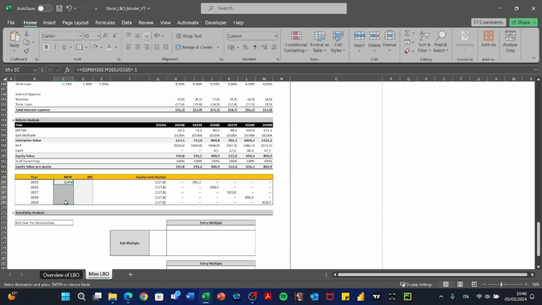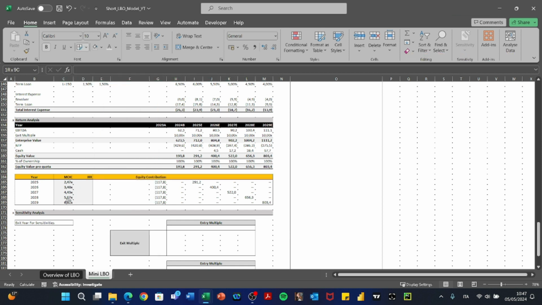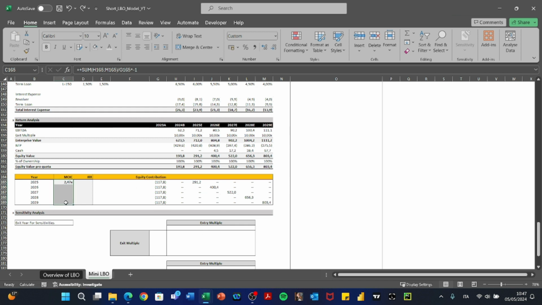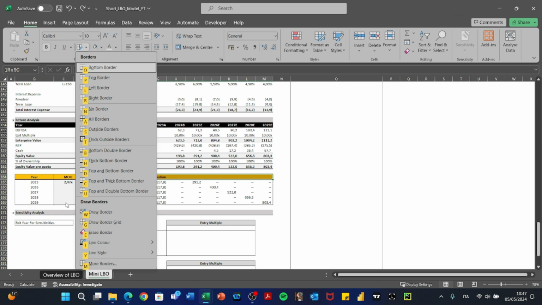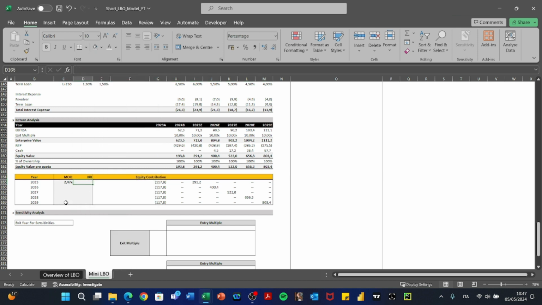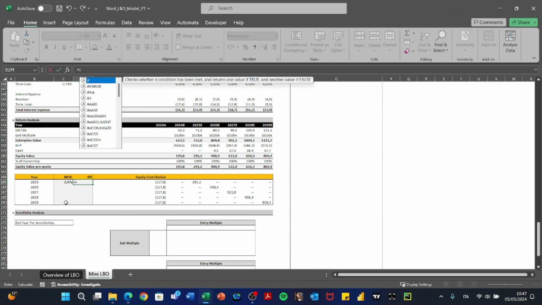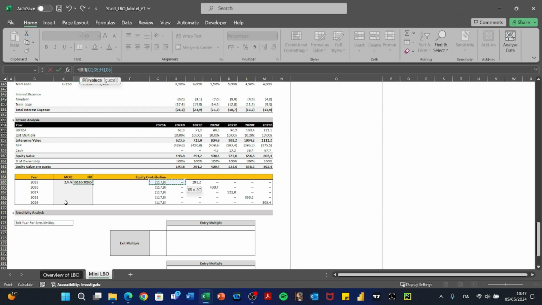Okay, the internal rate of return. Okay, what is it? This is plus whatever 0.1.